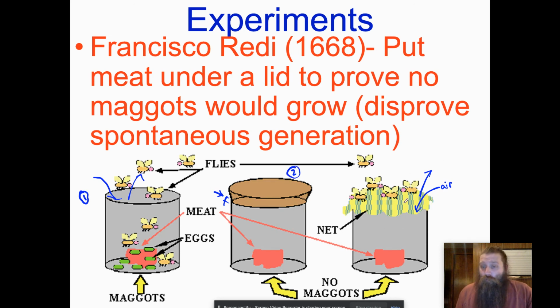He did notice that flies really wanted to get to the rotting meat in jar number 3, but they couldn't. And so it meant that the air that got there wasn't producing maggots either. It had to be coming from the flies. So he did a really good experiment here and made some good observations. And this is the classic argument against spontaneous generation.